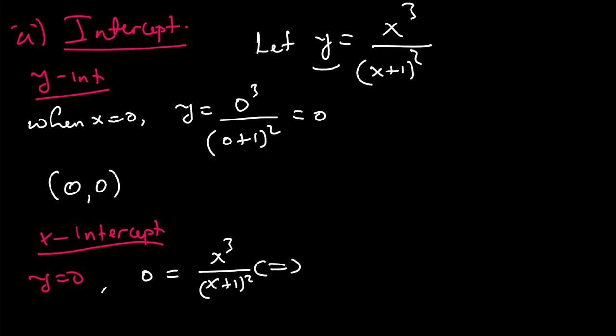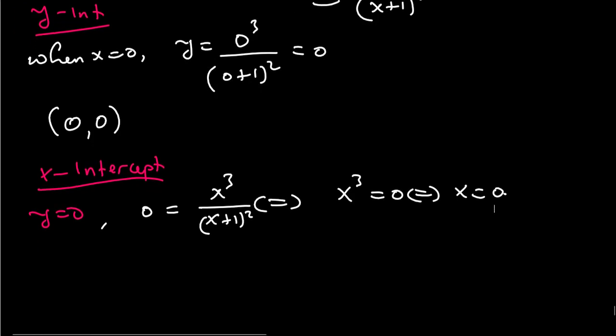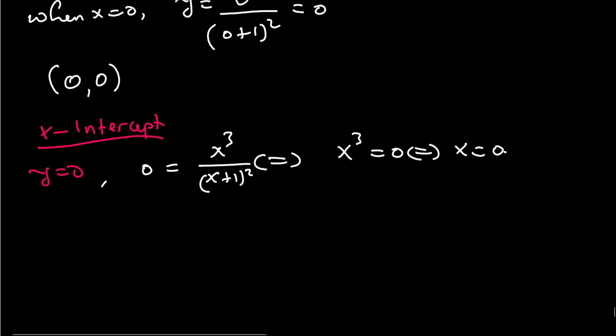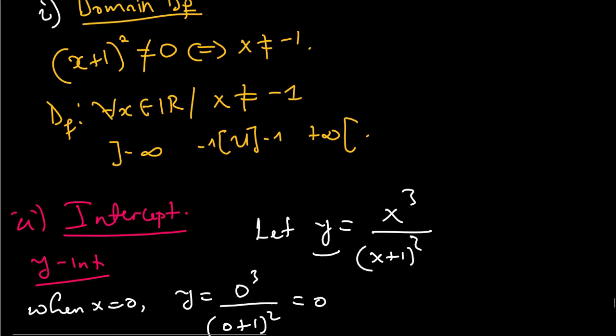So this is true if and only if x cubed is equal to 0, and this means x should be equal to 0. So the x-intercept is equivalent to the y-intercept. We can write the coordinates of the point in coordinate form: that will be (0, 0). So that's it about the intercept of the graph.